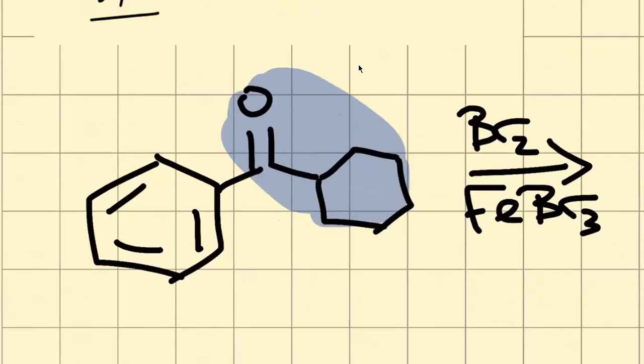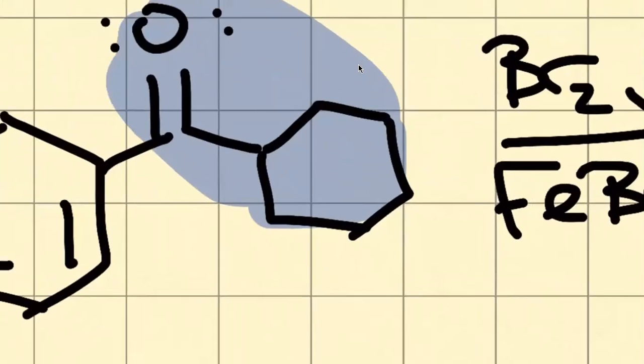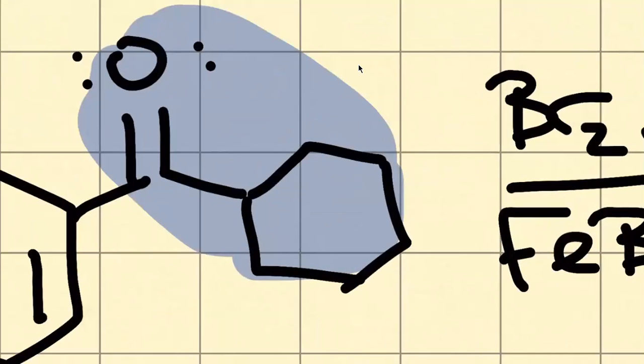Now there are 2 lone pairs on oxygen, but they're not gonna be donated into the ring. The fact that you have a carbonyl, which is polarized in this direction, making this partially negative and making the carbon partially positive.